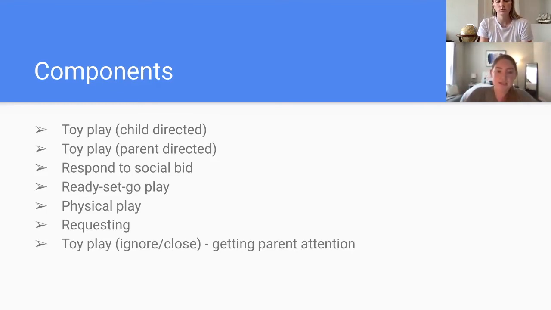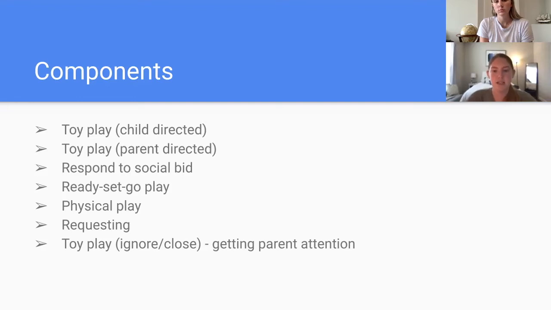Next is requesting. This is where the snack and the closed container come in. The parent would put the snack, like a highly preferred snack generally, in the container and close it and then hand it back to the child and see what the child does with the closed container, see if they hand it back, see if they ignore it. That's what you're looking for in this task.